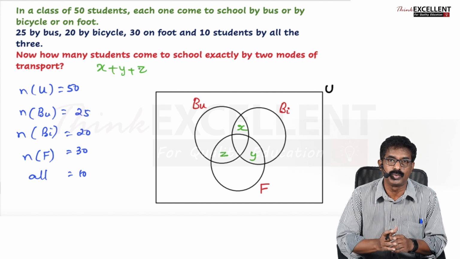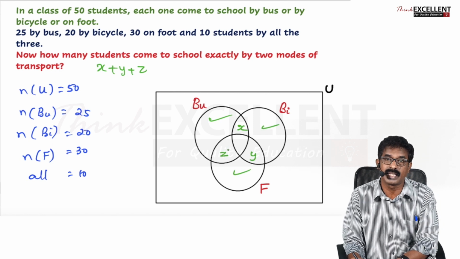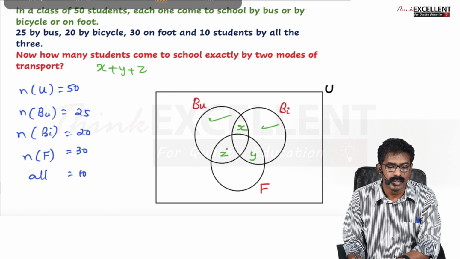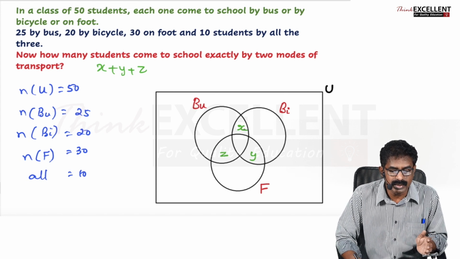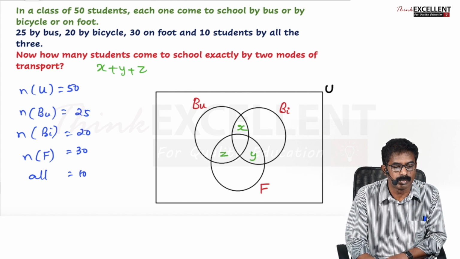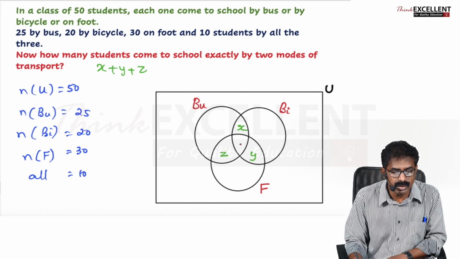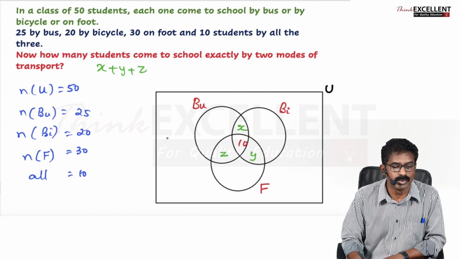That means only 2. Only 1 means this portion, right? That is for exactly 1, 1 alone. Now here the meaning is 2 alone. Exactly 2 modes. So that is x plus y plus z you have to find, right? Now let us see how to find that x plus y plus z. All the 3, it is what? 10. They have given us 10. Okay, now let us see how to do this one.